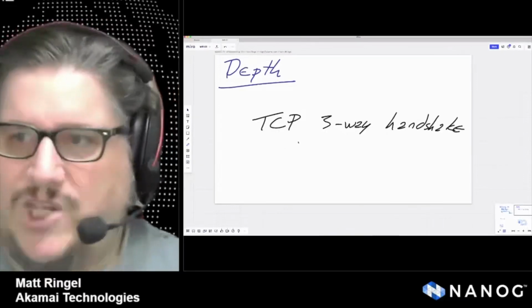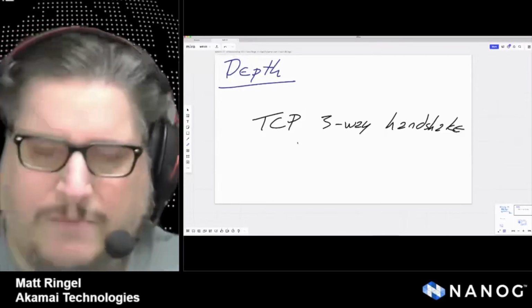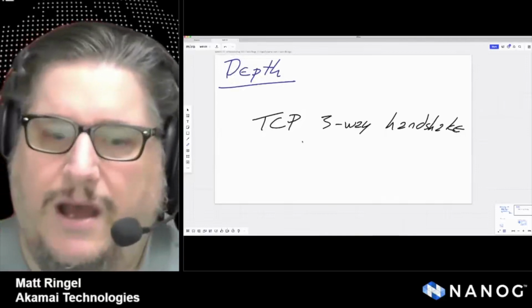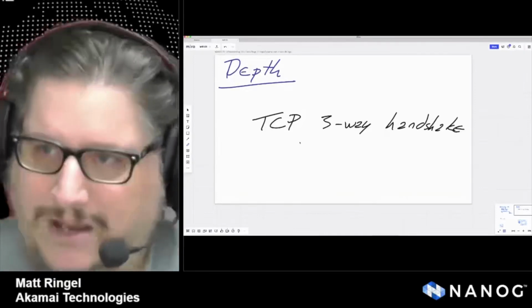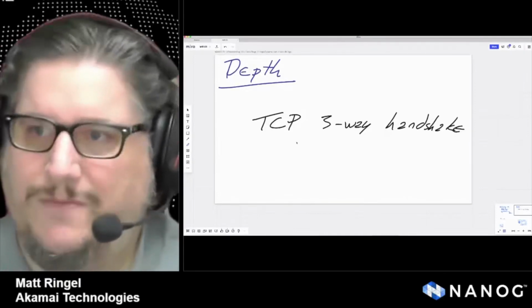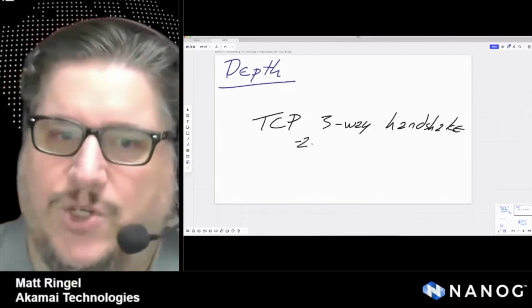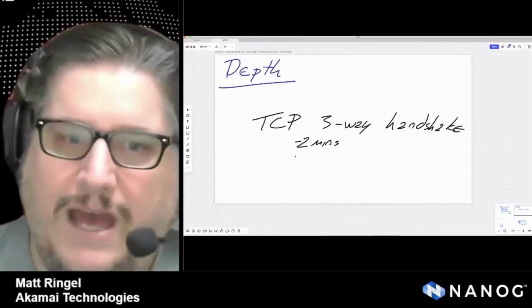We can talk about SYN and ACK all day long. But the important thing here is to say, how would I describe it to someone who couldn't just pack it into the flags and the packets? How would I describe it if I had 2 minutes? If I had 1 minute?